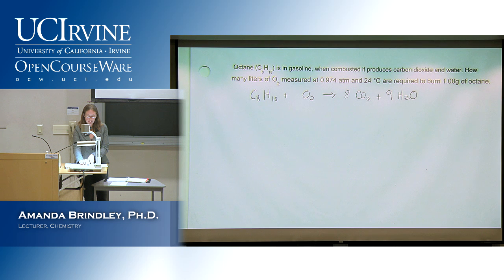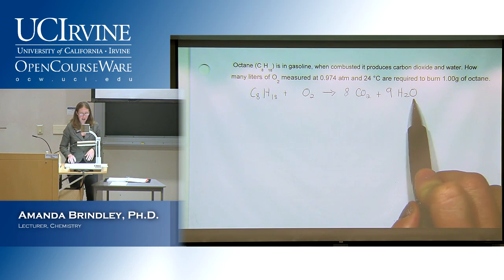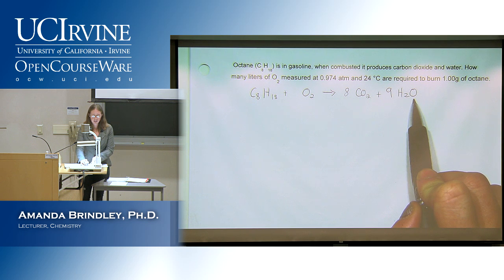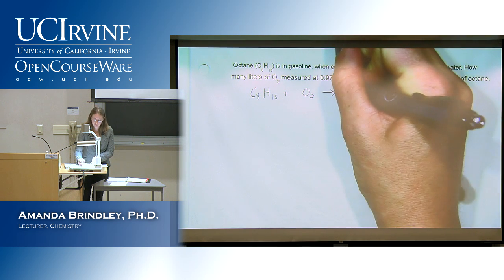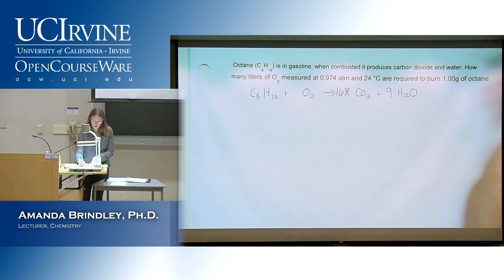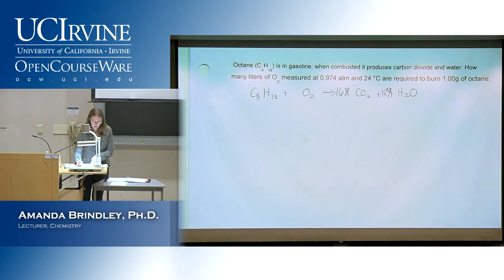We've balanced our 18 hydrogens. And then at that point, you're gonna look and try to figure out a way to make this work. And this is an odd number, right? So it doesn't work. So when you get stuck like that in a combustion problem, what do you do? You double everything. So this becomes 16. And this becomes 18.